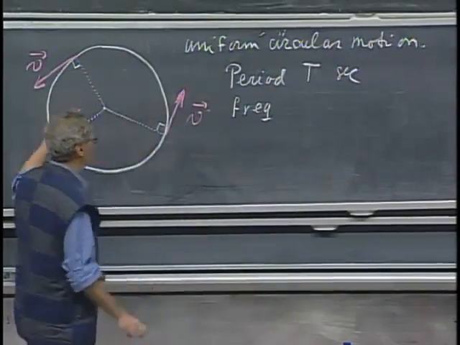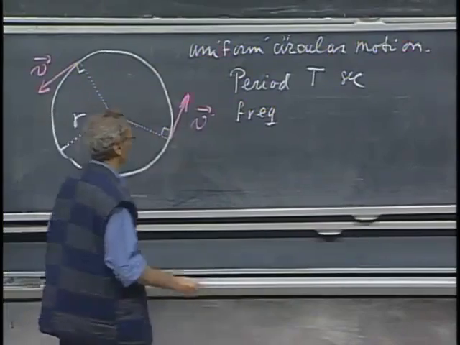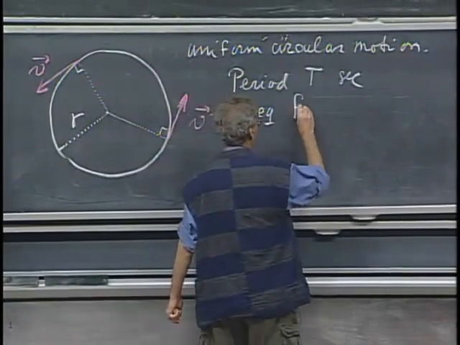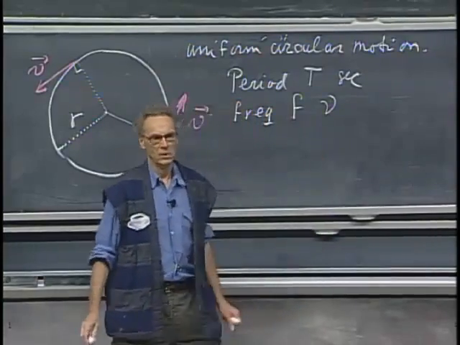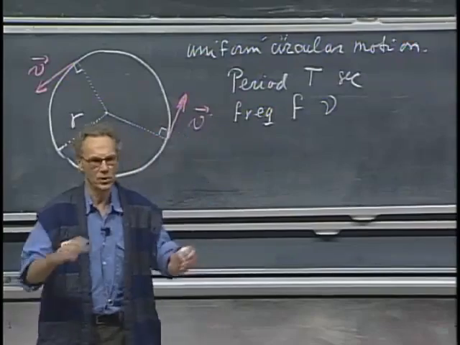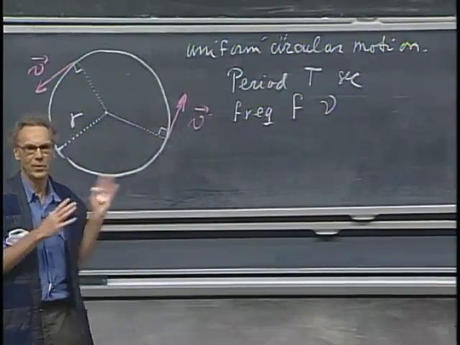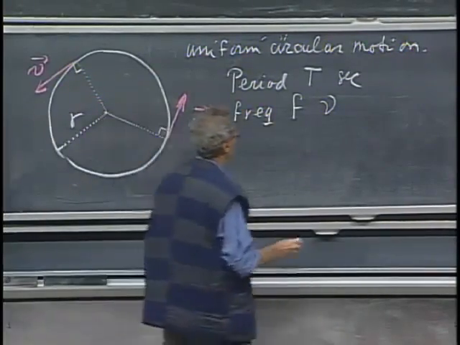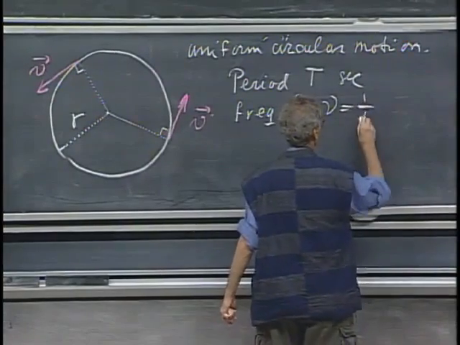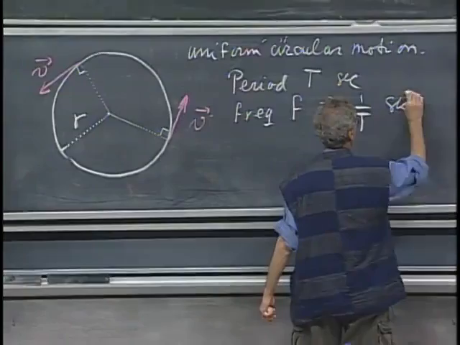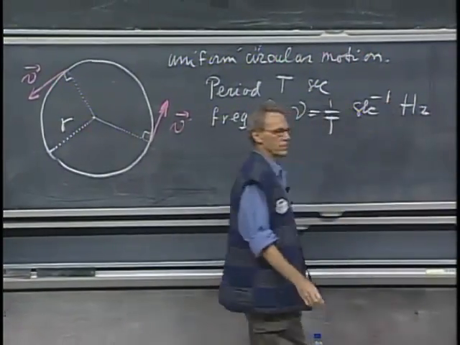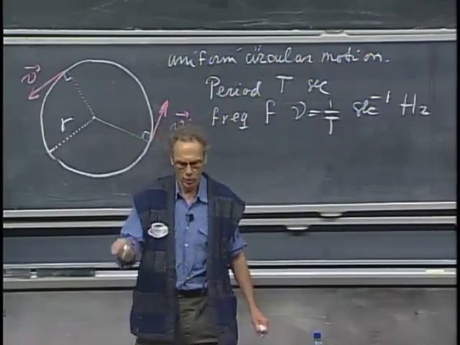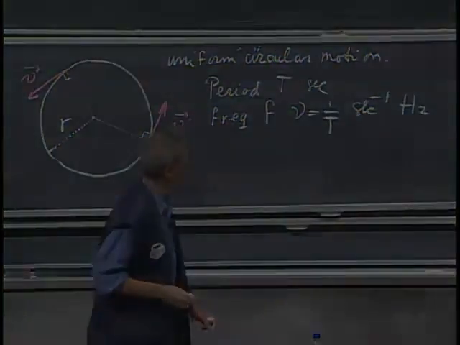That is how many times it goes around per second. I prefer the letter f, but our book uses the Greek letter nu. I find the nu often very confusing with the v of velocity, and that's why I prefer the f. It is 1 over T, and so the units are second minus 1, but most physicists would call that hertz. 10 hertz means to go 10 times around per second.